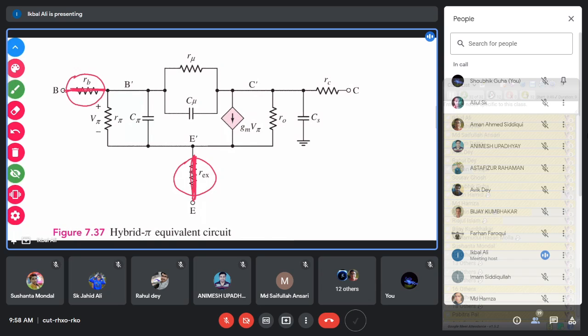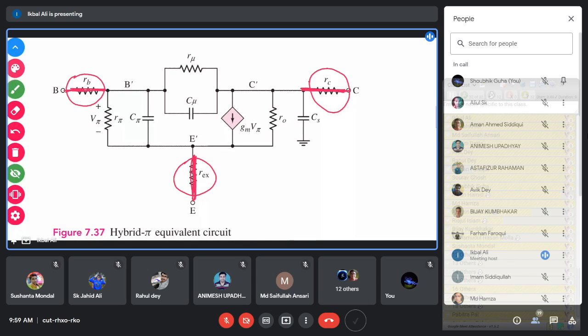And similarly, this RC resistance, the collector material resistance, is also very small, 1 to 2 ohm. So you can consider it as zero resistance and short it also. So these three resistances in the circuit you can assume as zero resistance or short circuit.